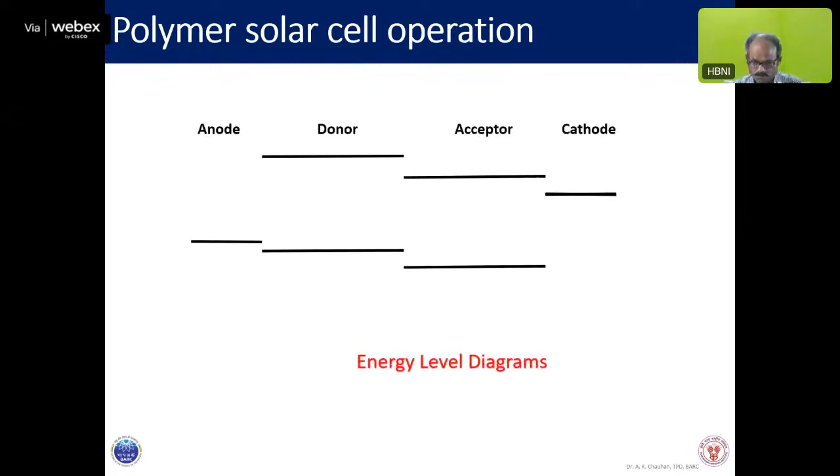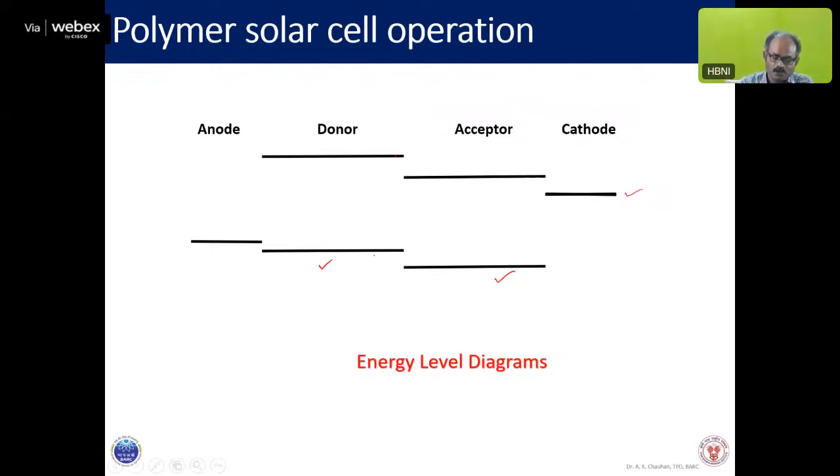We will see a typical operation of polymer solar cells. You have a donor and you have an acceptor. These are the typical energy levels in the form of HOMO and LUMO, not valence band and conduction band. And you have the cathode work function, measured from vacuum to this level.